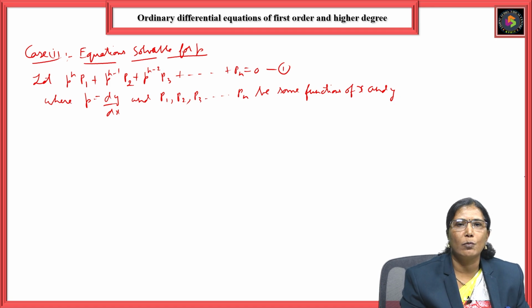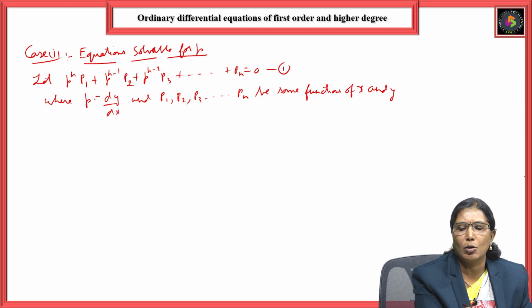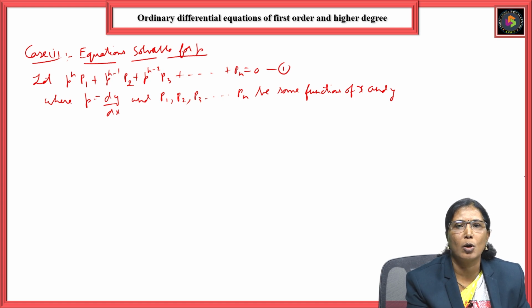If equation 1 is solvable for p, then the left hand side of equation 1 can be resolved into factors of degree 1 in p.